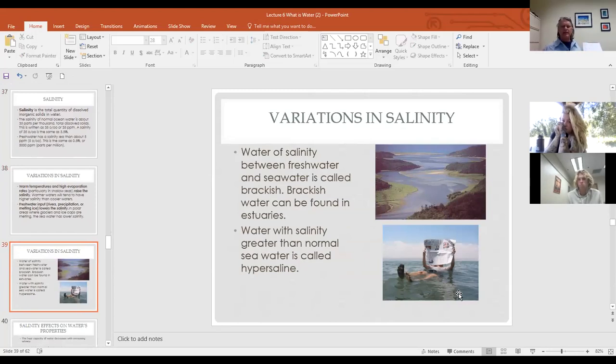Salty water is more dense. So things that float in water actually float higher in salt water. Fresh or brackish water is where rivers, lakes, or runoff build up fresh water and dilute the water.